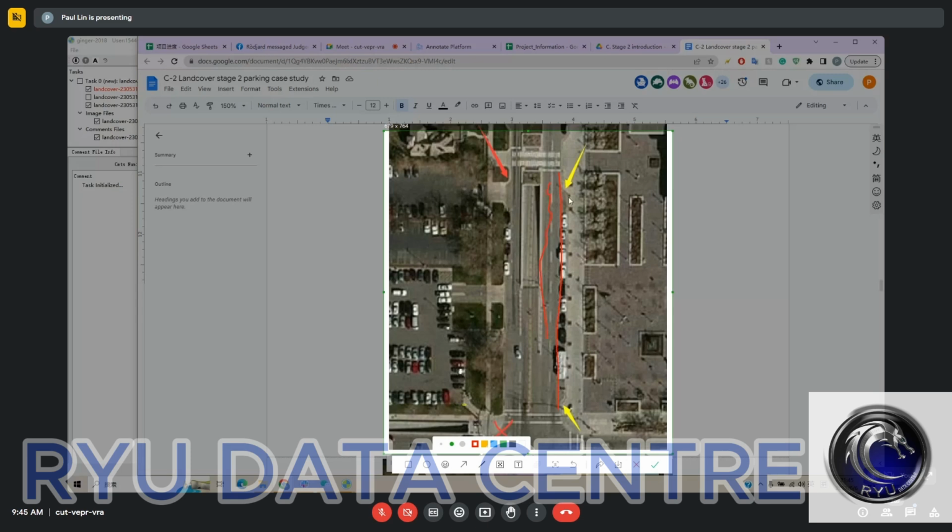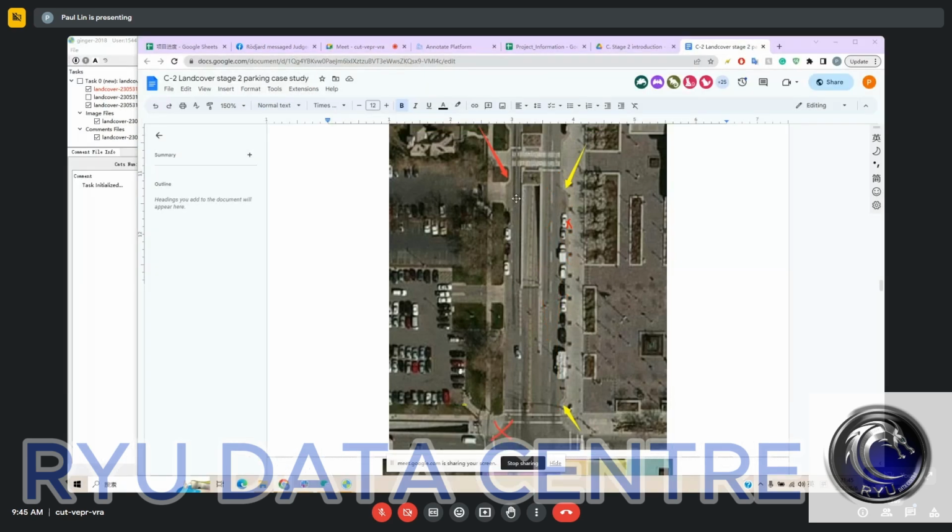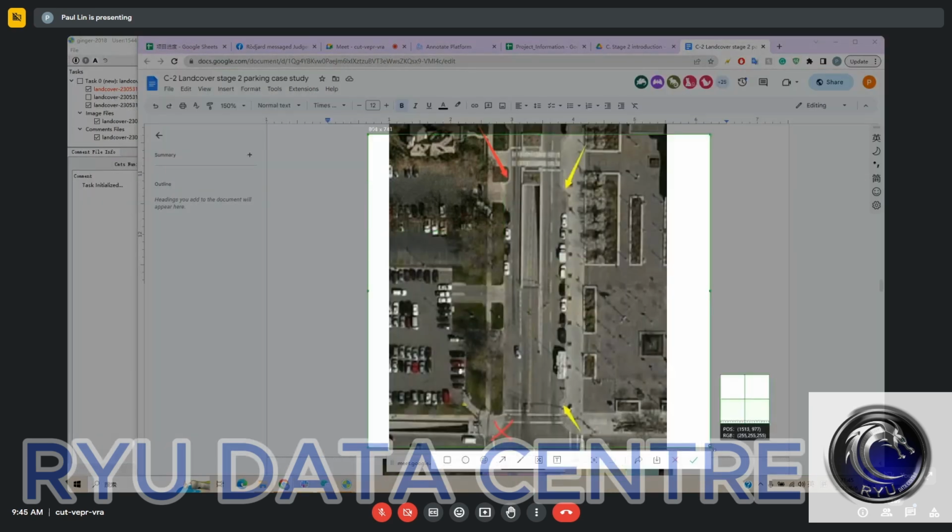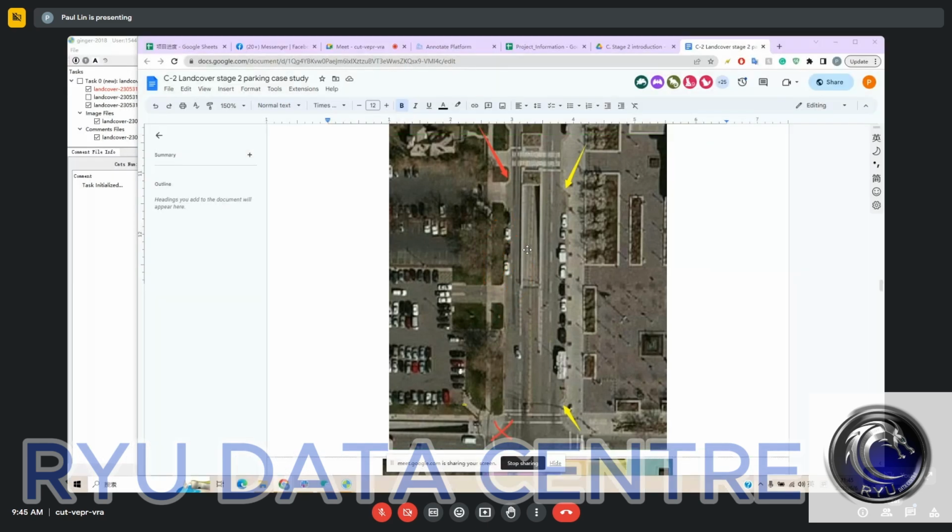However, this outside part doesn't count as the road, which makes it outside parking. Same thing for this one. On this side is the boundary of the road, and this area is not part of the road, so this area will be captured as outside parking.